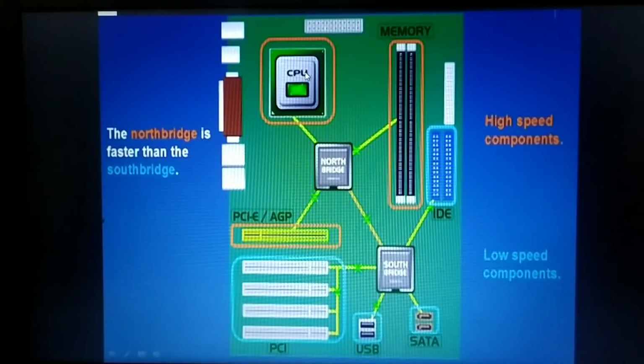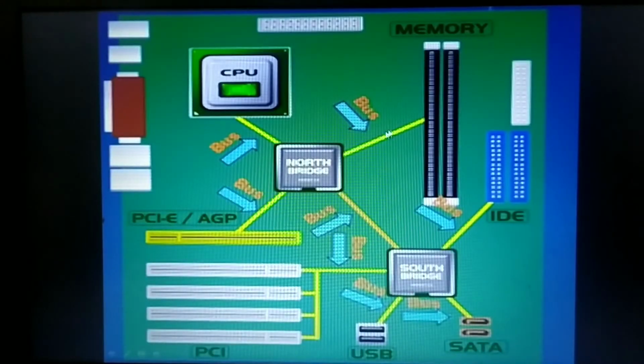Whenever the CPU has to communicate with the memory, it passes the information to the North Bridge, and the North Bridge conveys that information to the memory by the bus. Whenever the CPU wants to communicate with the PCI or AGP slots, again it passes that information through the bus to the North Bridge, which then forwards the data to the PCI or AGP.